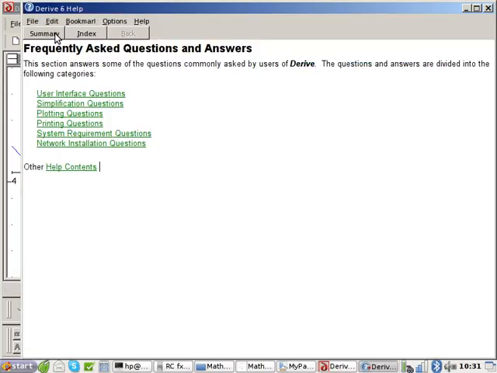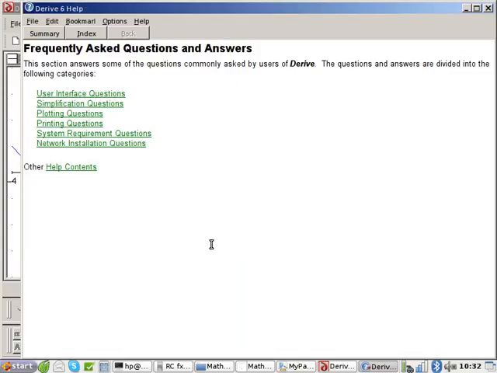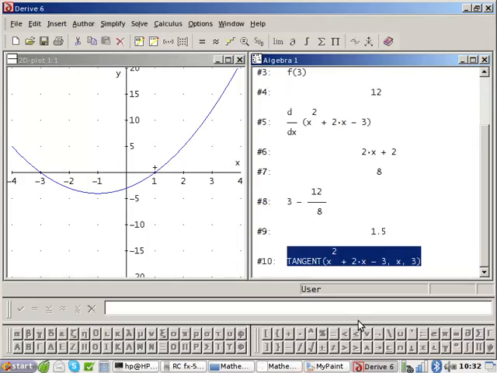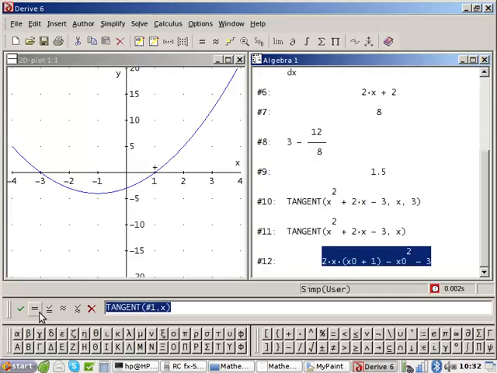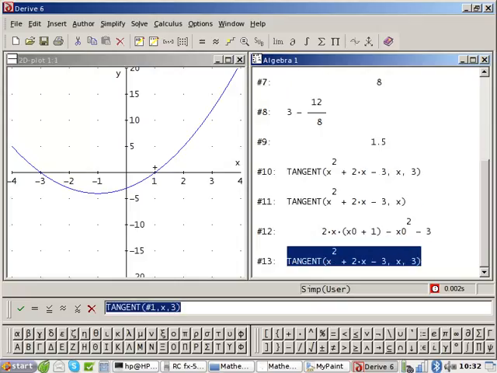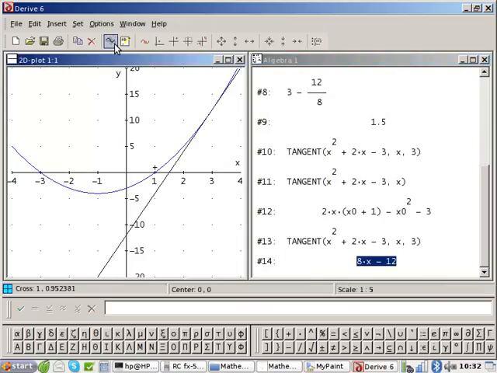No. I like drawing pictures. Search. Oh, no search. Doesn't matter. I can't remember how to draw the tangent line. Tangent. Maybe this is it. Aha, yeah. Great.